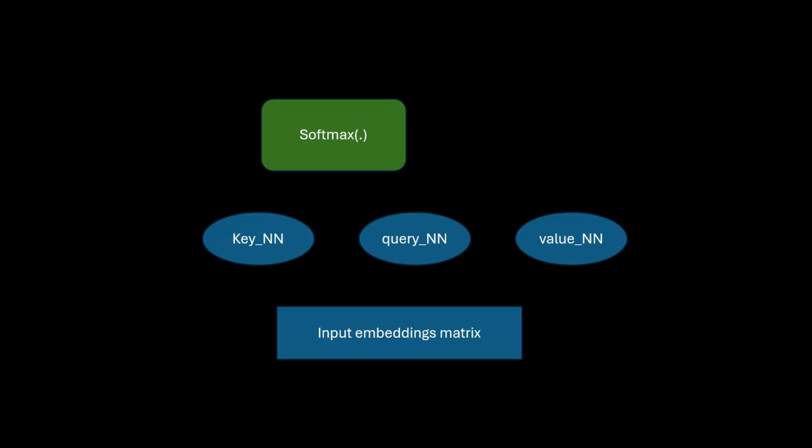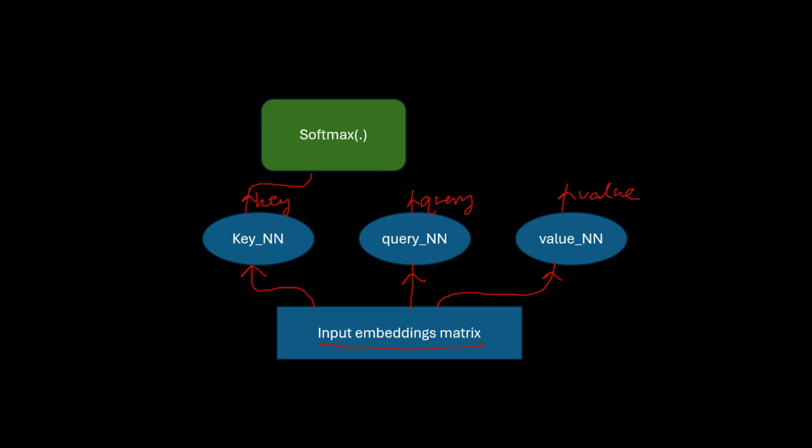And if we summarize, what we have done so far is that we had an input embedding matrix. We put that through a key neural network and found a key. We put the same input embedding matrix into a query neural network and found a query. We put the same input embedding matrix into a value neural network, and we found a value matrix. This key, query, and value are all matrices.